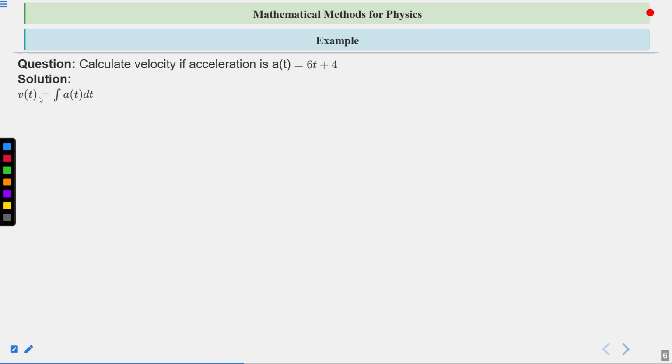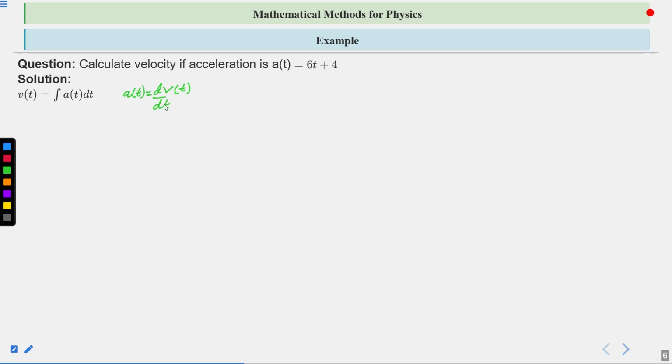So we know the rate of change of velocity is acceleration. So if we want to find out the velocity, it will be dv of t by dt is equal to what? Is equal to acceleration. Yes or no?